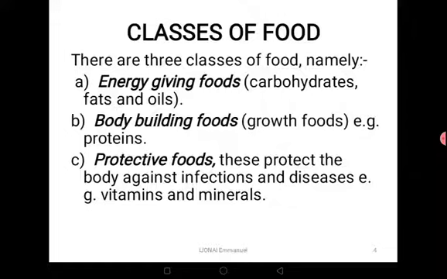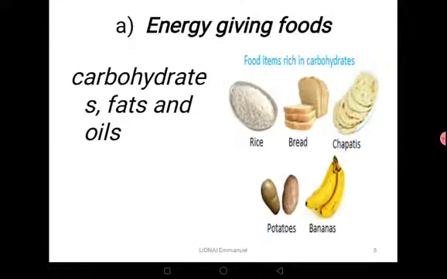The other class of food is the protective foods, and these protect the body against infections and diseases. This includes the vitamins and the minerals. So members, there are three major classes of food: the energy-giving foods, the bodybuilding food, and the protective food. Those are the three major classes of food.